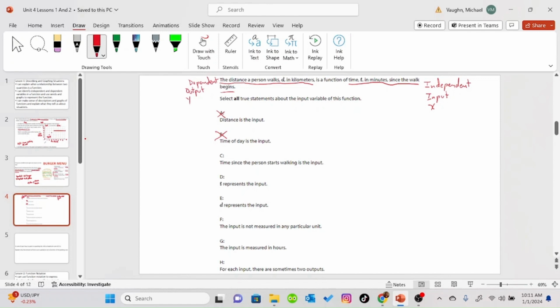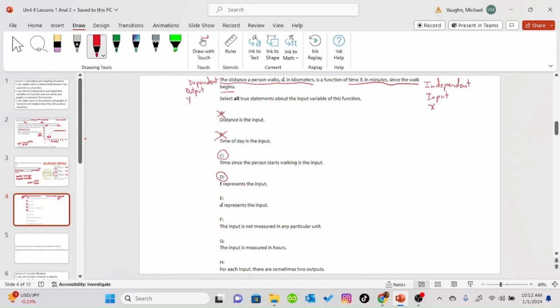C, time since the person starts walking is the input. That's what matches. My input is the time since the walk begins. So C is correct. D, t represents the input. Time is measured in t, and that is my input. So D is also correct.